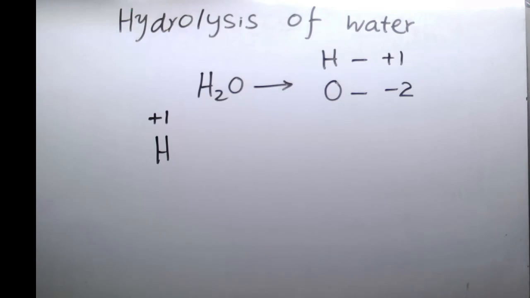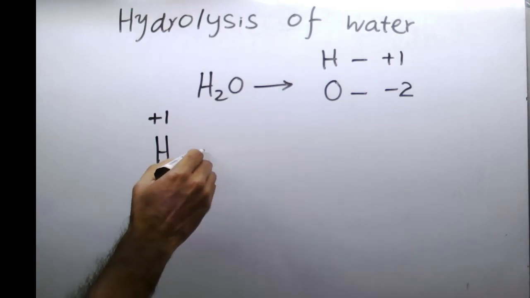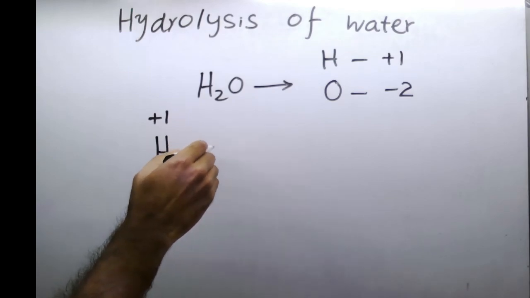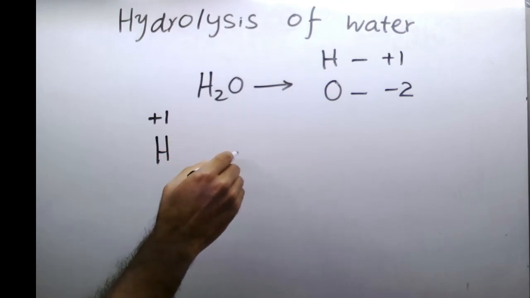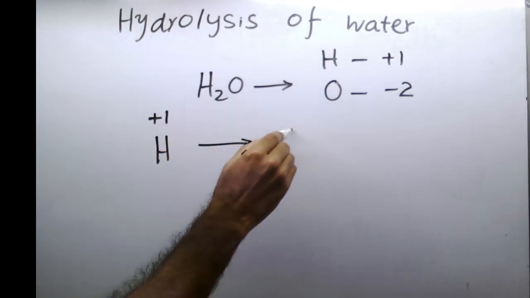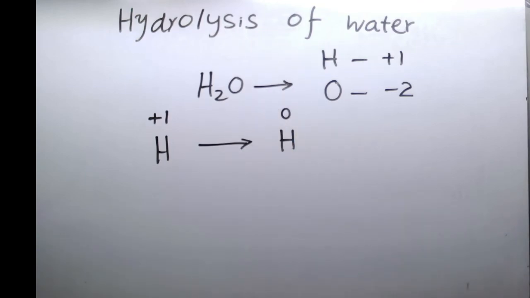Then it has to undergo reduction, that means it has to go to a lower oxidation number. Here we have to consider the most stable oxidation number available for hydrogen that is less than +1. We know it is 0, then hydrogen should go to 0 oxidation number.